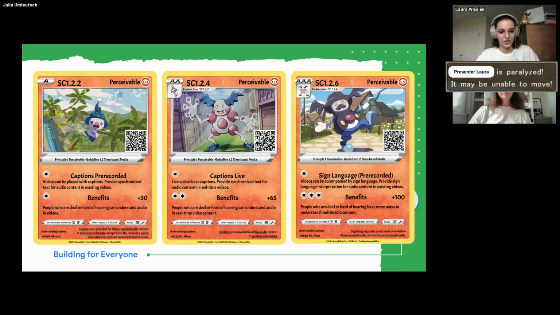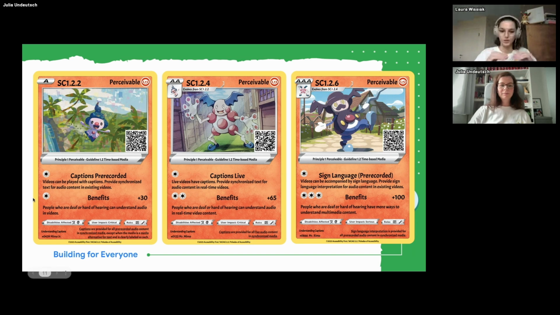And you will also notice that the captions keep getting stronger. The benefits of the captions keep increasing with each iteration, because the idea is that you don't just want to put a single baseline, the bare minimum that you need to fulfill in order to achieve compliance.